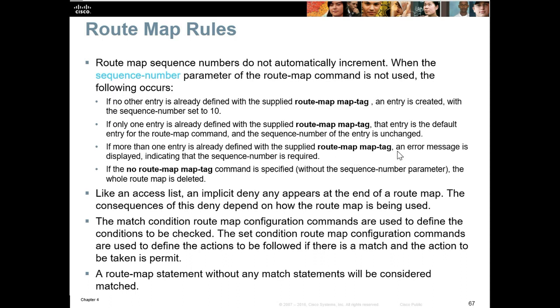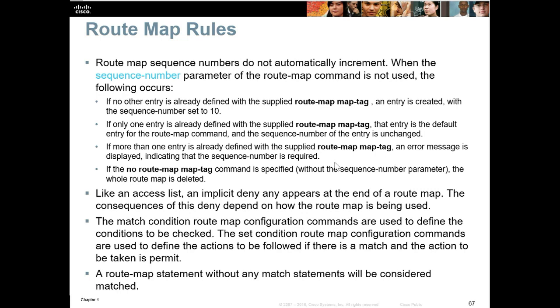Okay, so nampak error ni melambangkan betapa pentingnya kita tahu which statement yang kita nak masukkan mengikut susunan. Okay, so when dia bagi tahu the sequence number is required, the router wants to know where should we put the set of match or set statements dalam kumpulan route map Haga ni. Contoh lah kan.